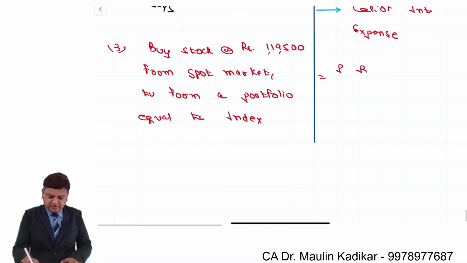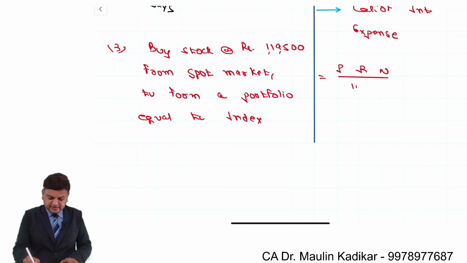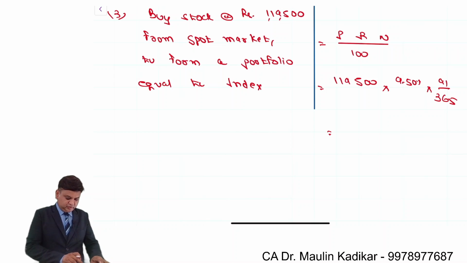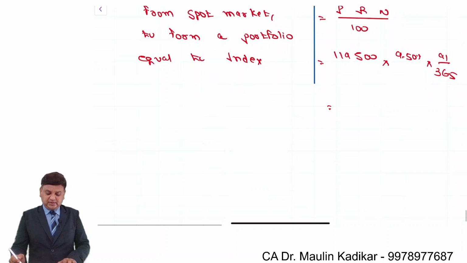It is PRN upon 100. So what is the amount of the interest? It is 1,19,500 into 9.5 percent into 91 divided by 365. So it is 2830.35.